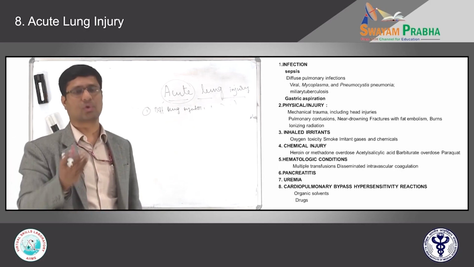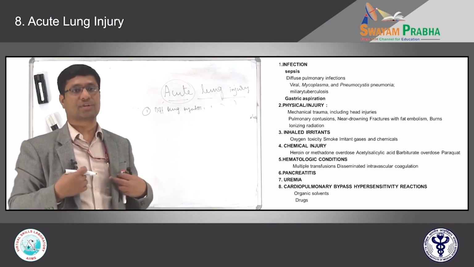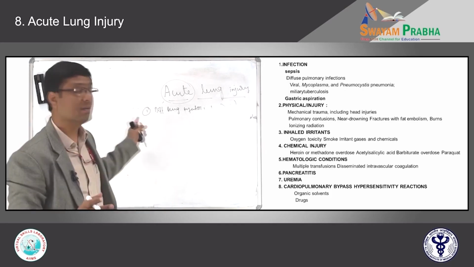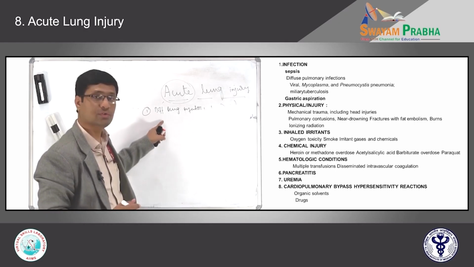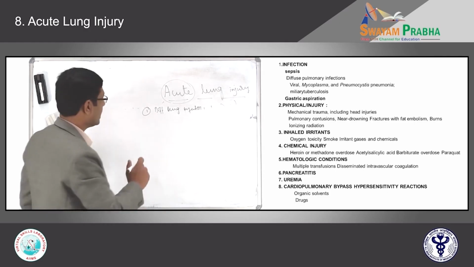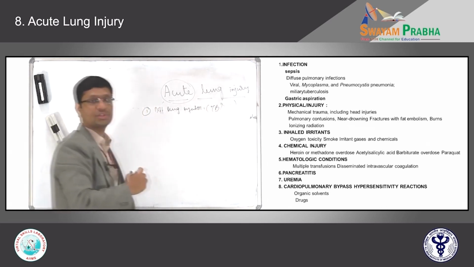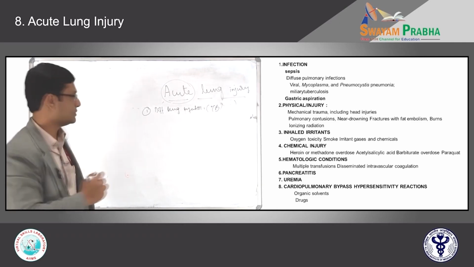All of you see coronavirus, influenza virus, when there is a pandemic infection, patient will have diffuse lung damage. Some people will die mainly because of acute respiratory distress syndrome. So, any kind of diffuse lung infection can lead to ARDS, right? And in India, one more important thing, miliary tuberculosis can also cause ARDS.